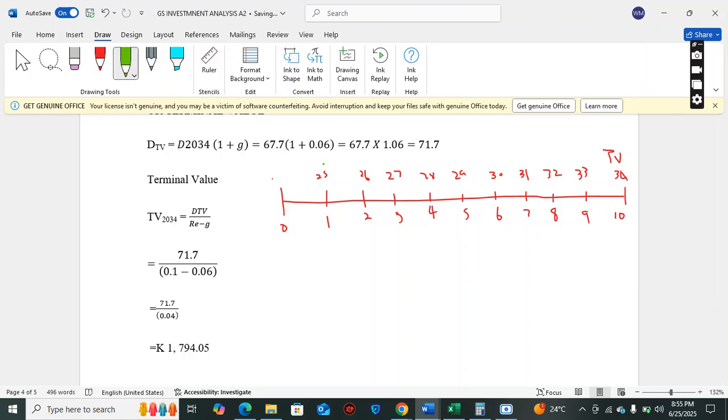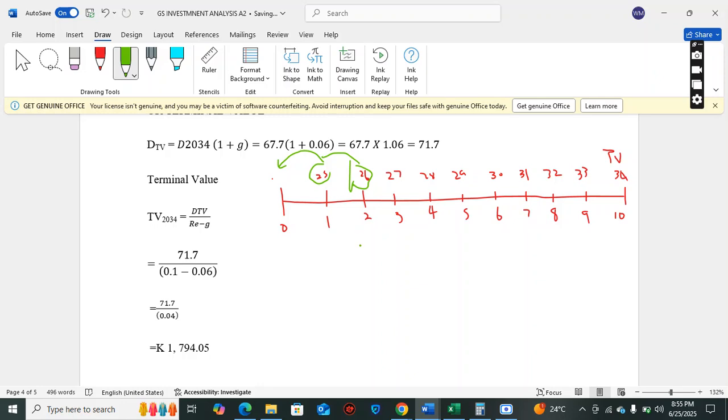So the expected dividend we're discounting, since it's 1 year from 2024, it's going to be to the power 1. Okay. 2026, since it is 2 years from 2024, the time that's going to be used is power 2. Now I'll show you what I mean.